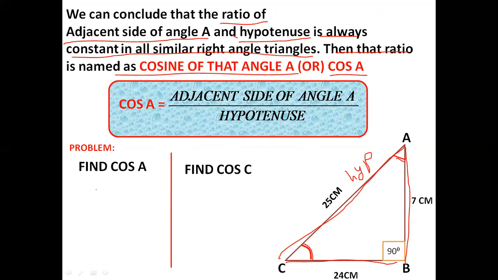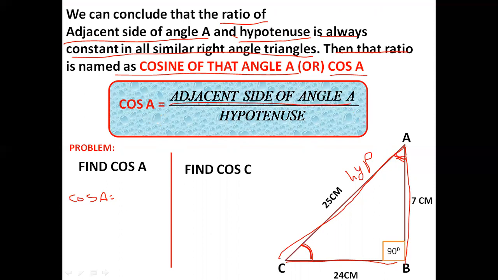Right. Now here you have to find cos A. What is the formula for cos A? It is equal to the adjacent side of angle A by hypotenuse. What is the adjacent side of angle A?